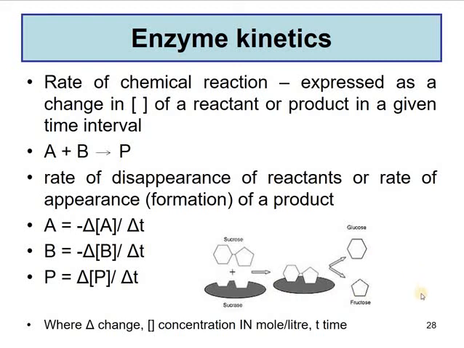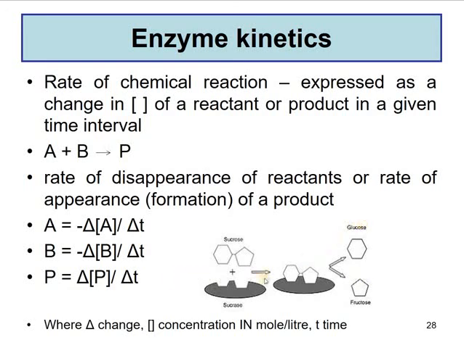Let's say this took 5 minutes. So I'll start again. The rate of disappearance or appearance, the rate of chemical reaction for this reaction taking place, is going to be equal to minus the change in sucrose concentration over 5 minutes, or change in time.